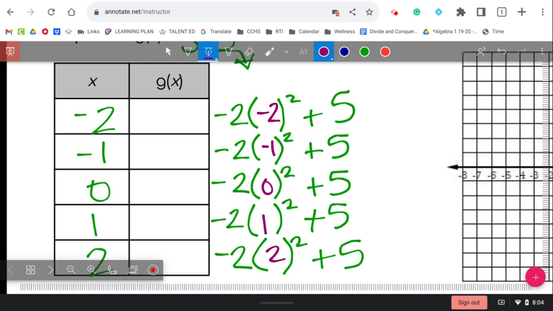So the first one's going to be -3. And then you're going to have 3. And then you'll have 5.